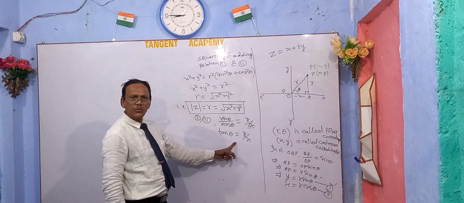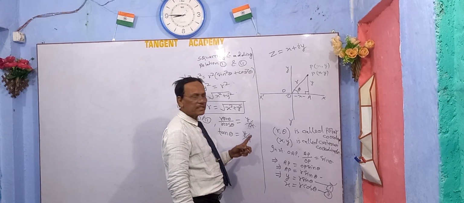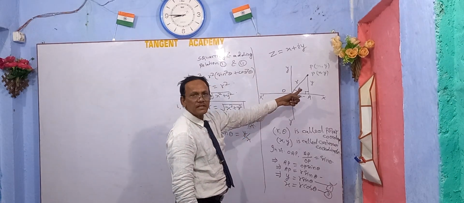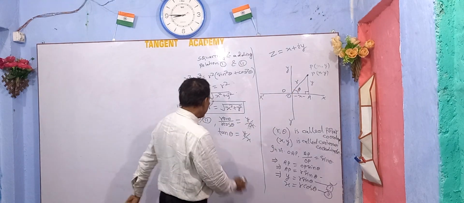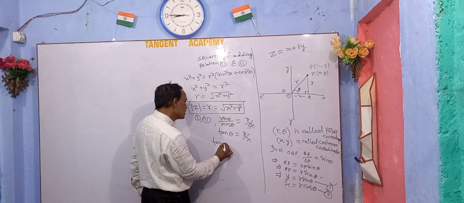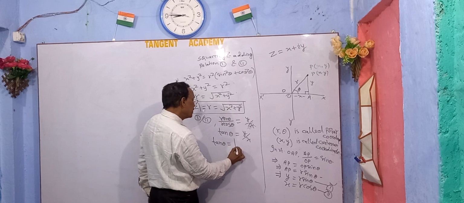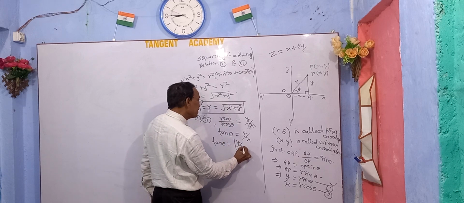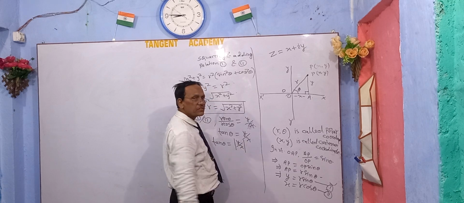Taking the absolute value, as we mentioned that theta is taken as an acute angle, tan theta will be the absolute value of y by x.